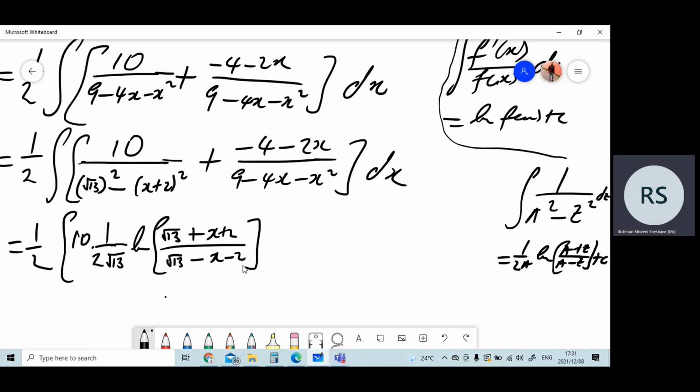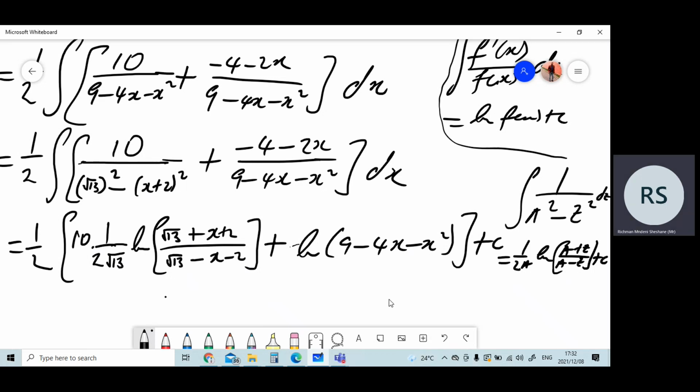When you minus x plus 2, it is minus x minus 2, okay? And the integral of the second term is just f prime over f of x, the integral is ln of f of x. So this would be ln of 9 minus 4x minus x squared plus c.